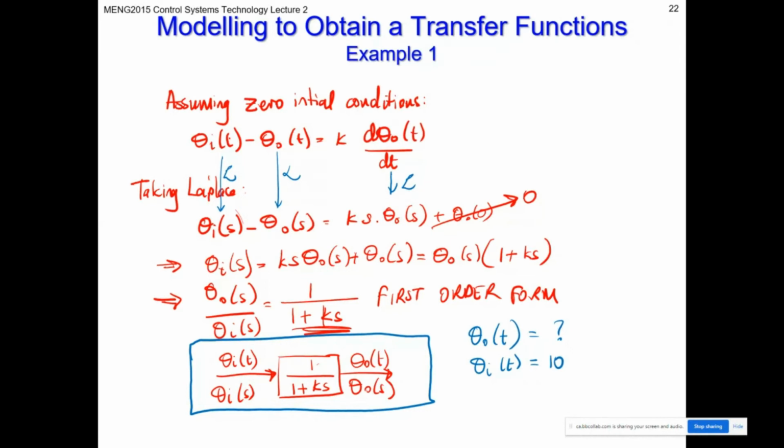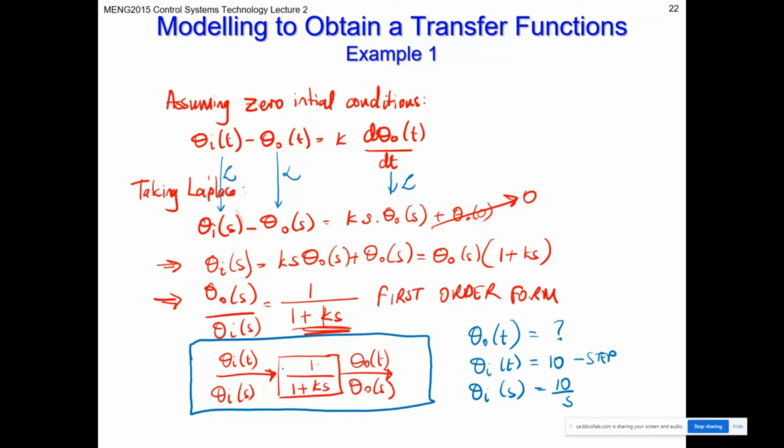So our input in the s domain, since it's a step, is going to be 10 upon s, right? So this is our input.